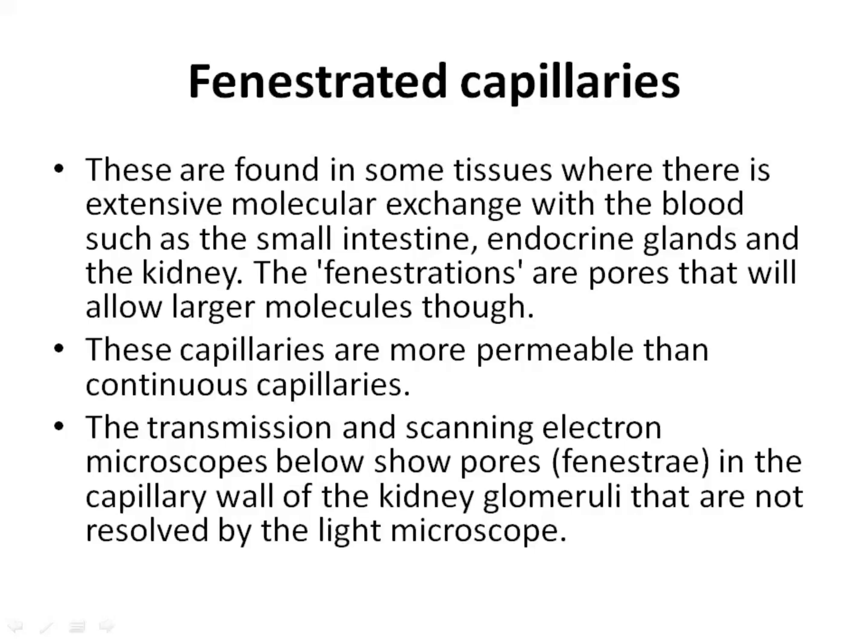Now these fenestrations or holes in the endothelial cells of capillaries you will not see in a regular light microscope photograph. For that you need to see the scanning electron microscope photograph.